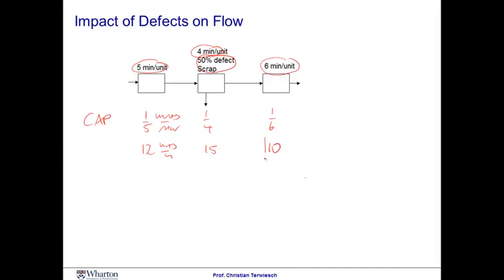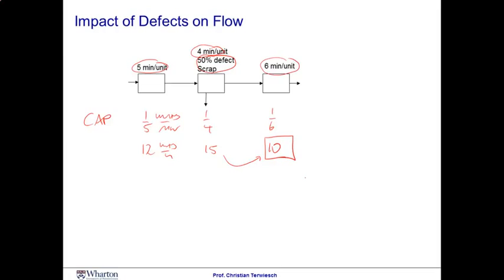So would we really say that this step is a bottleneck? We have not considered the fact of the scrap rate. We have not considered that of the units that go through step 2, only half of them will actually make it to step 3. How do we factor that into the analysis?